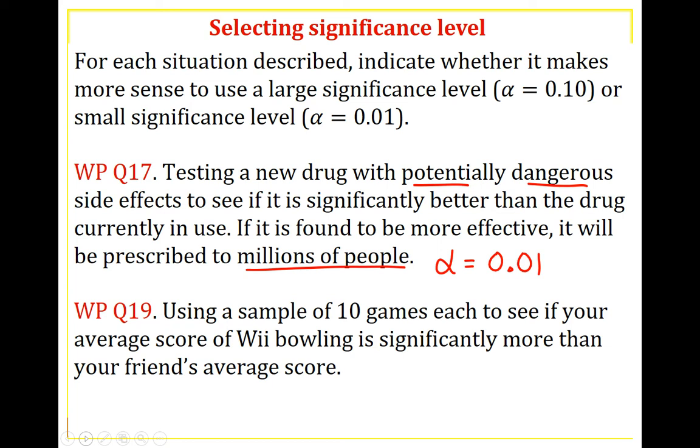So I don't want to miss all of the things that could happen, so I want to open up my significance level. I want to increase that significance level to more of a 0.1. Nobody's going to get hurt on a 10% significance level. Lots of people will get hurt if I use the 10% significance level and I miss something on question 17.